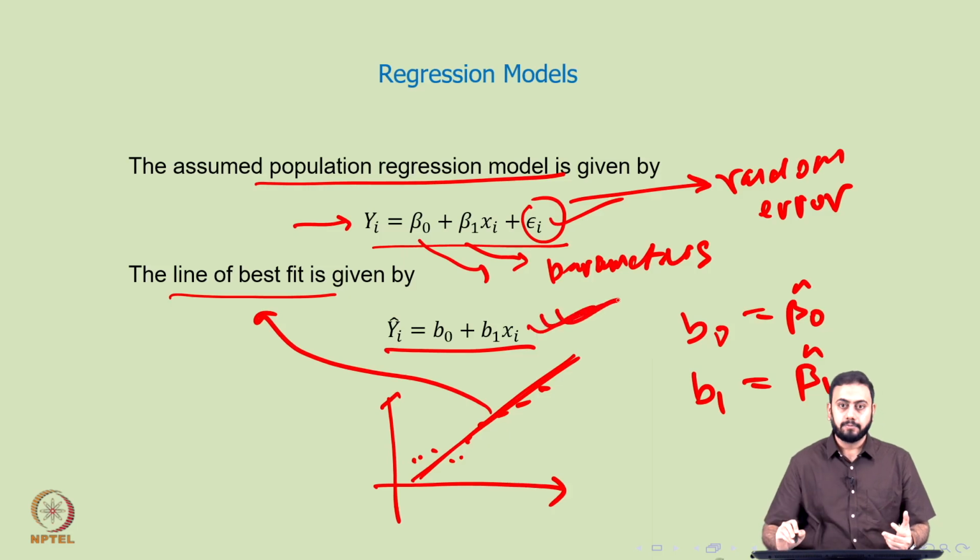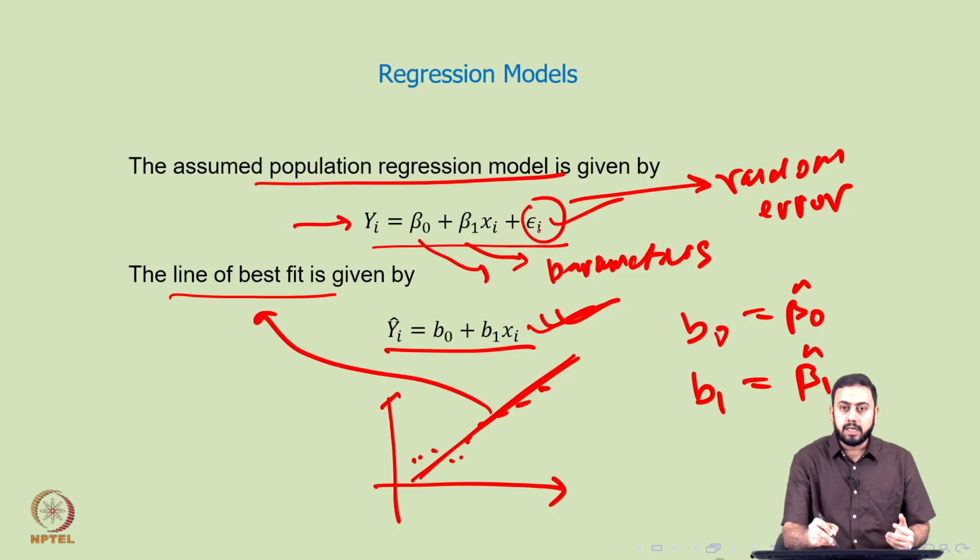Interestingly, nothing is unknown here. b0 is an estimate of beta naught from the data, b1 is an estimate of beta 1, and the more interesting part is that there is no error in the second equation, because once you estimate beta naught and beta 1, there is nothing unknown left.